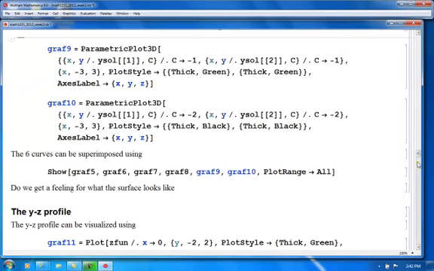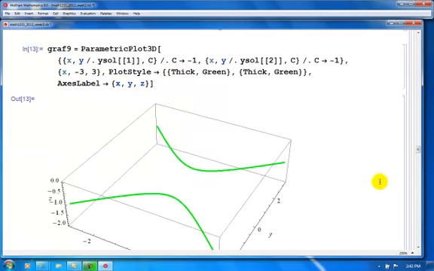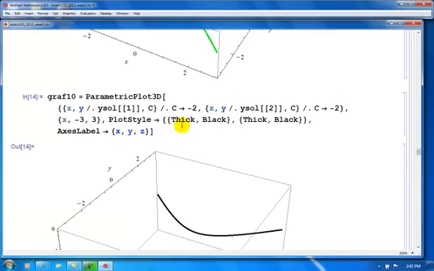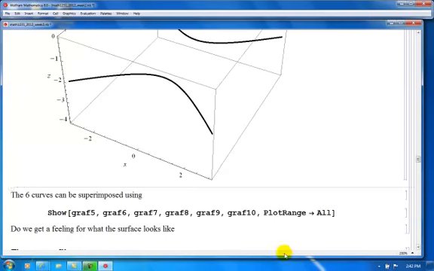And now we'll do the negative values using that, for c equals -1 and for c equals -2. And then we can superimpose all those three-dimensional curves using this.